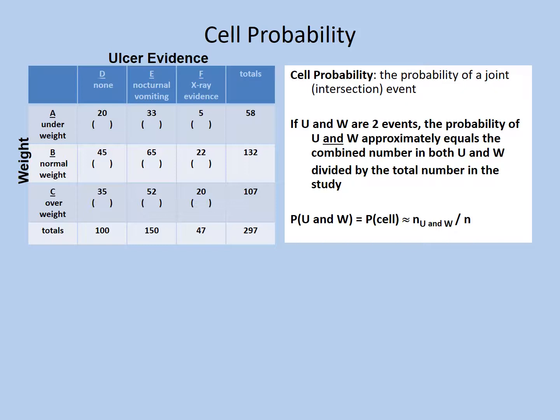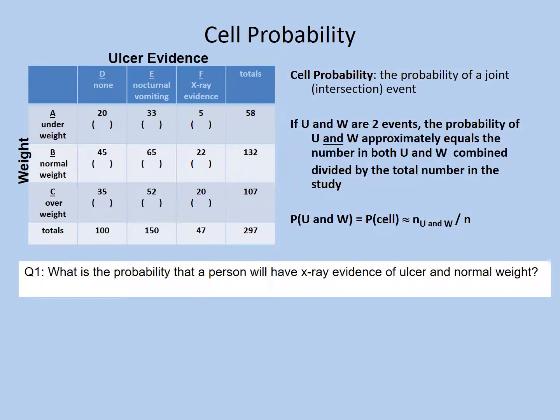Or in other words, P of U and W equals the probability in the cell determined by the intersection of the two events U and W, which is approximately equal to N sub U and W divided by N.